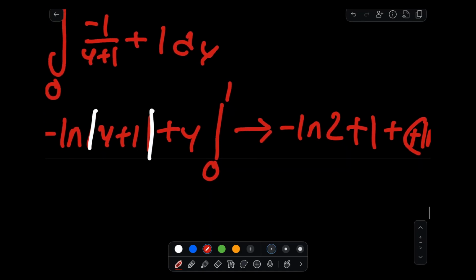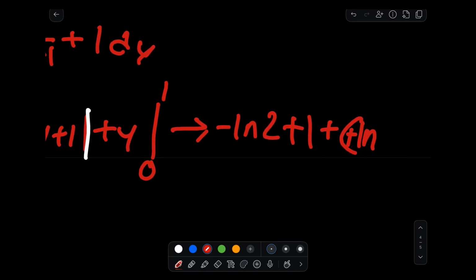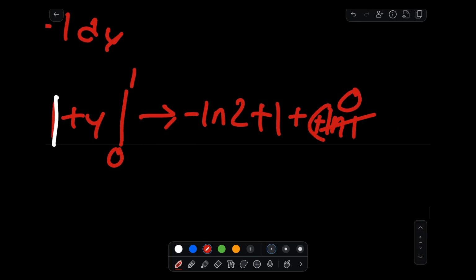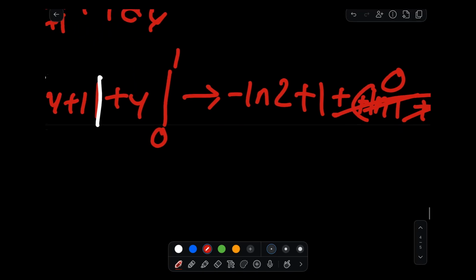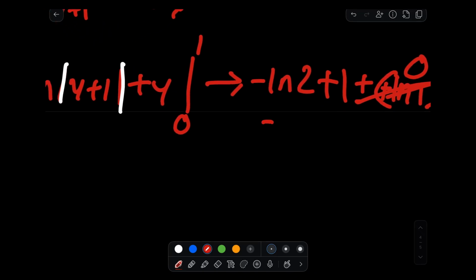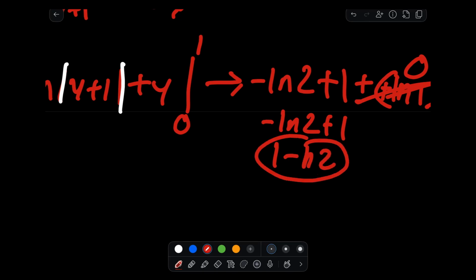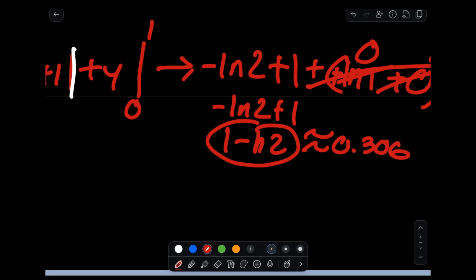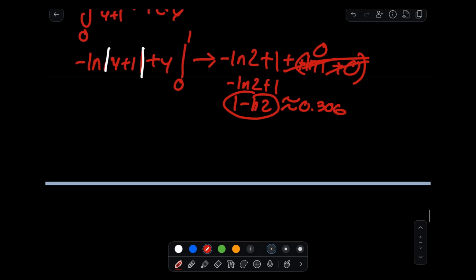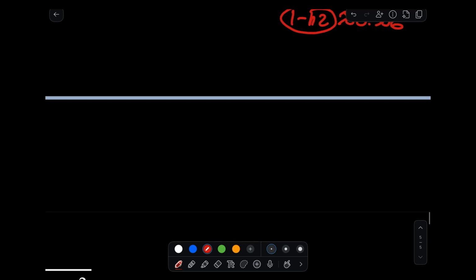And then we're going to get ln of 1, which we know to be 0, plus 0. So this all goes away. And we're going to get negative ln 2 plus 1, or 1 minus ln 2, which is about 0.306. Some value approximating that, right?